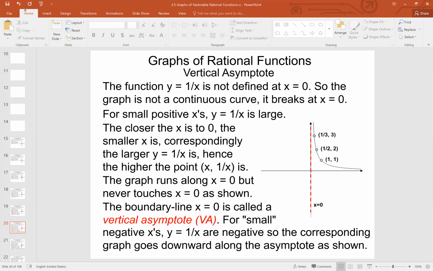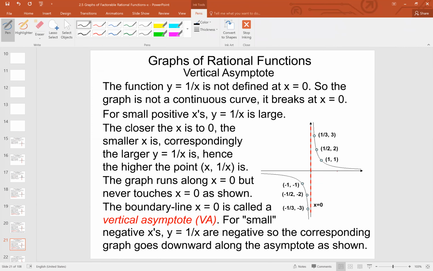On the negative side, the only difference is the y value becomes more and more negative, so the graph goes down. Because for 1 over x, the sign chart will tell you it's positive on this side and negative on that side. So the graph on this side goes downward, and the graph on this side goes up.